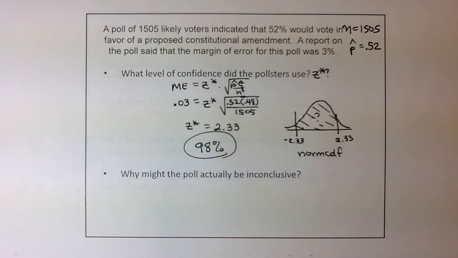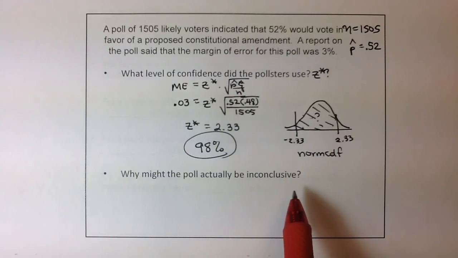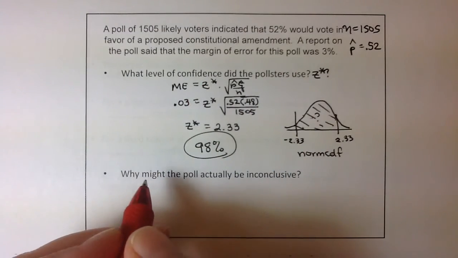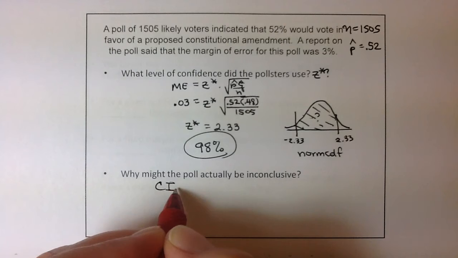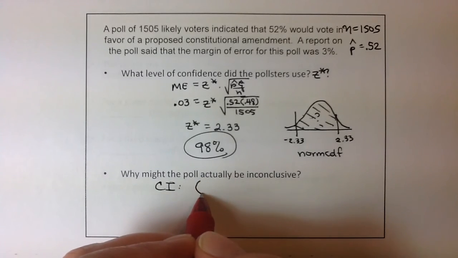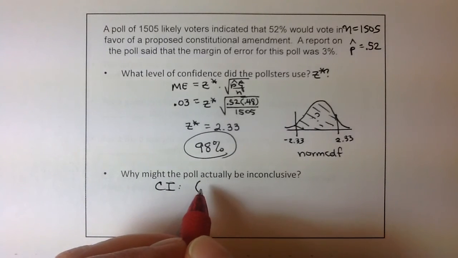One last question about this one. Why might the poll actually be inconclusive? Well, let's look at the actual confidence interval. Okay, the p hat was 52% with a margin of error of 3%, which means we could be as far off as 3% from the center, or 98% confident that we are.